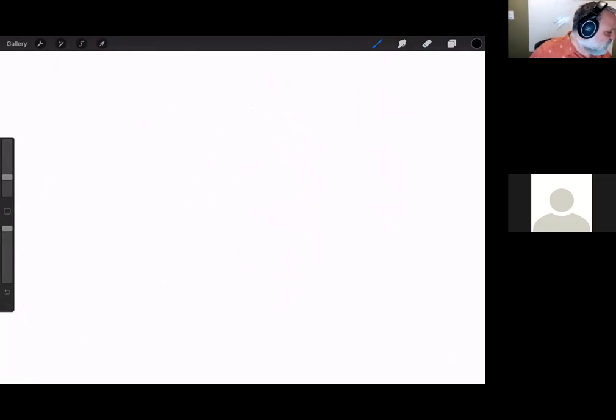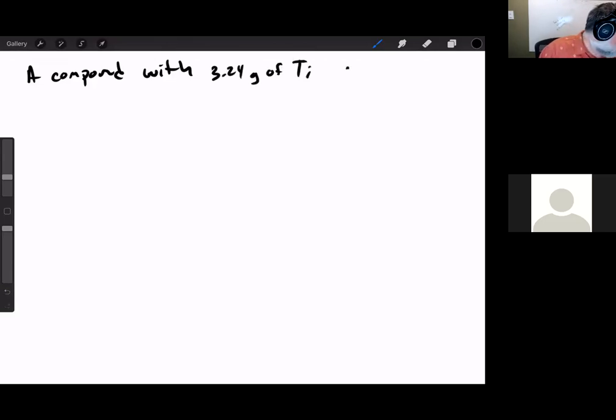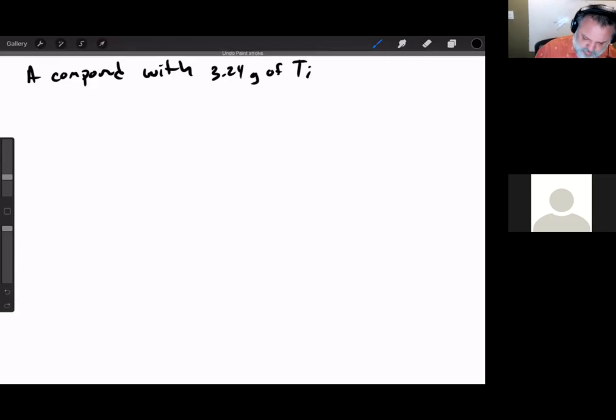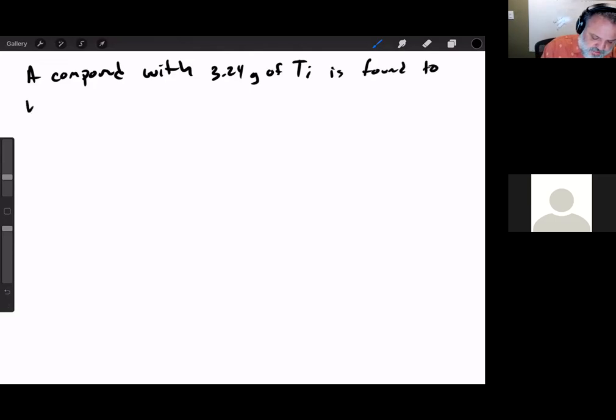Okay, here's another one. Let's do a compound with 3.24 grams of titanium found to have 5.4 grams of oxygen.